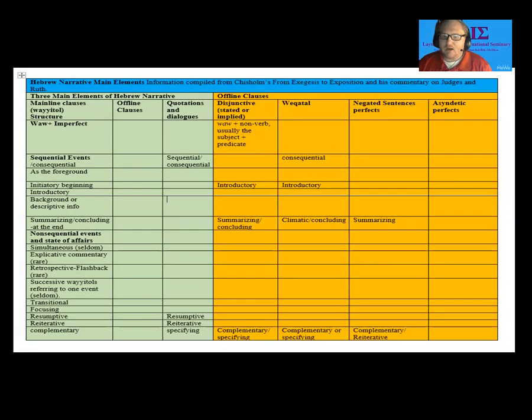Okay, before I get into this, here is a chart that I've compiled to show the different functions in the Hebrew of the vayiqtol, the qatal, those forms that are used for the main line, for background, and all of this. This is a compiled chart from Chisholm's From Exegesis to Exposition, as well as his commentary on Judges and Ruth, which, believe it or not, is actually a different list.